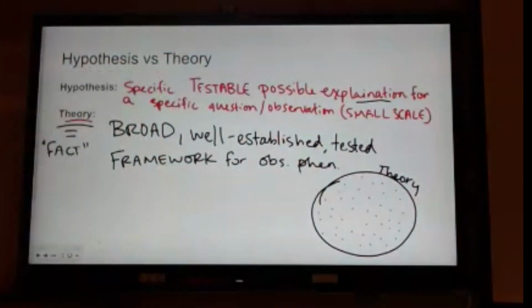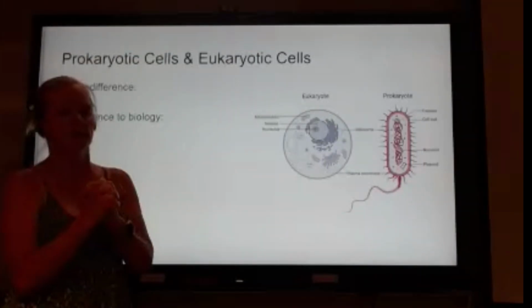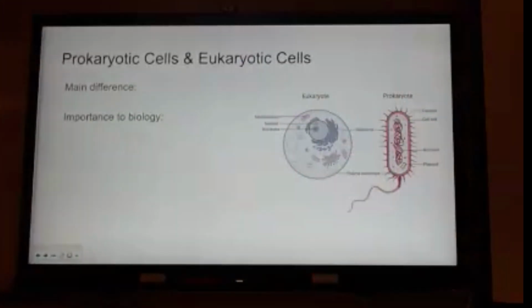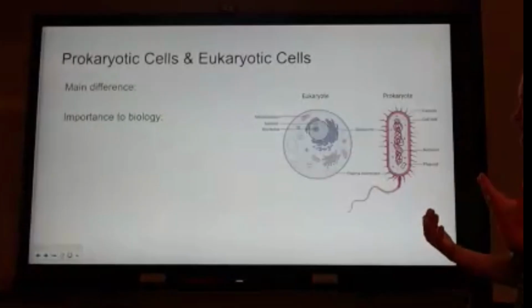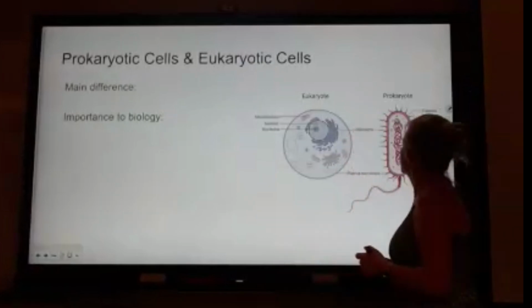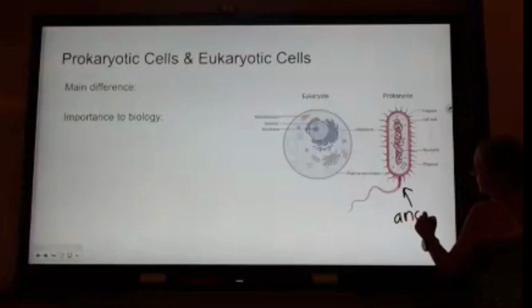Okay, all right, so let's move on to stuff that we're learning about now then. All right, so somebody wanted to know the main difference between prokaryotic cells and eukaryotic cells, and why prokaryotes and eukaryotes are important to biology. So prokaryotic cells are the more ancient form of life.